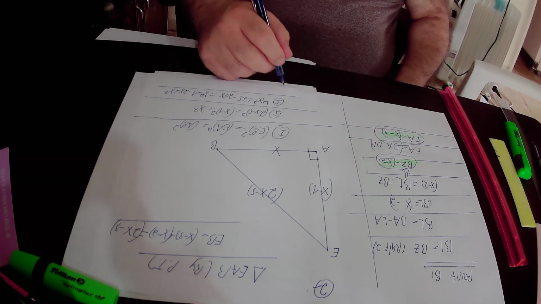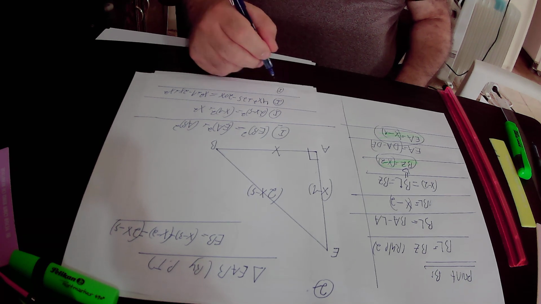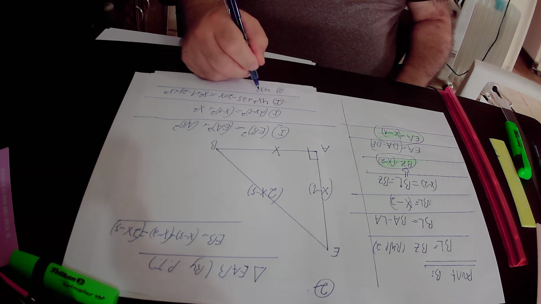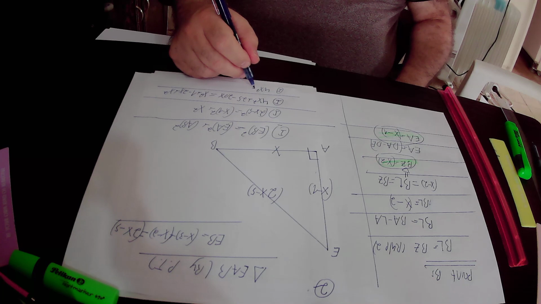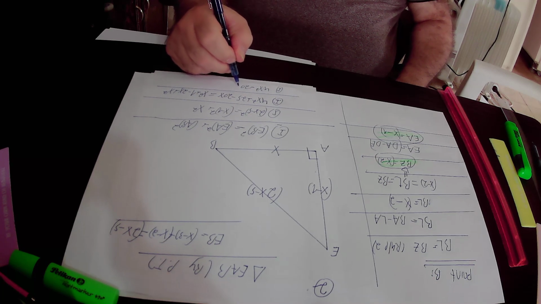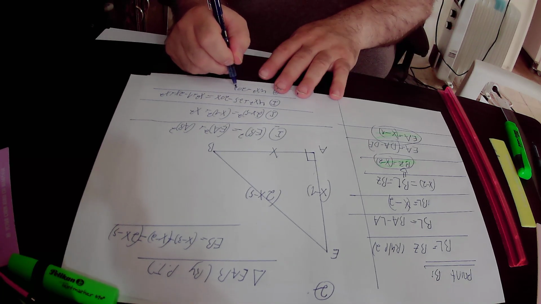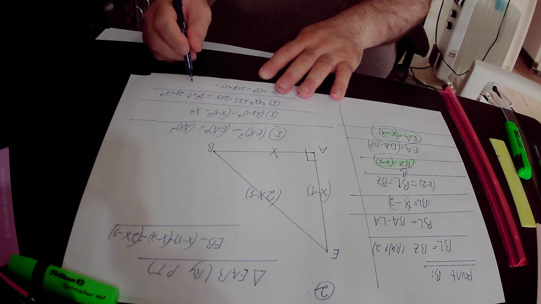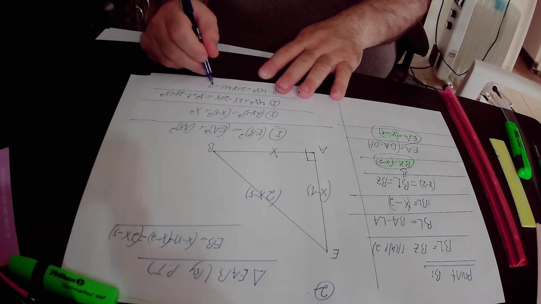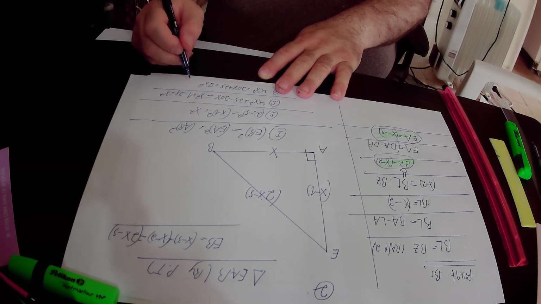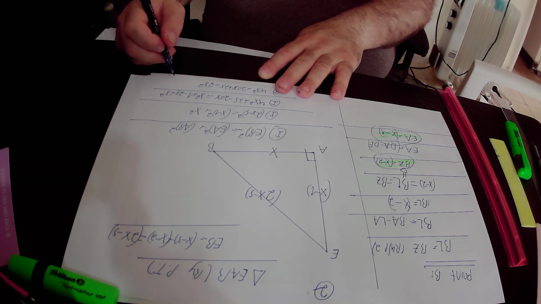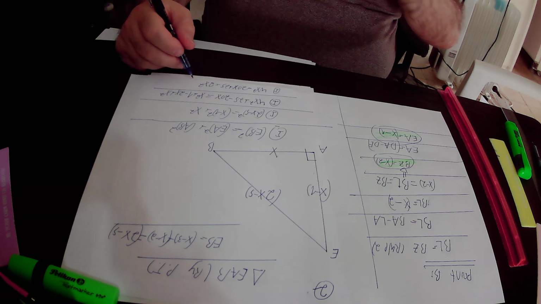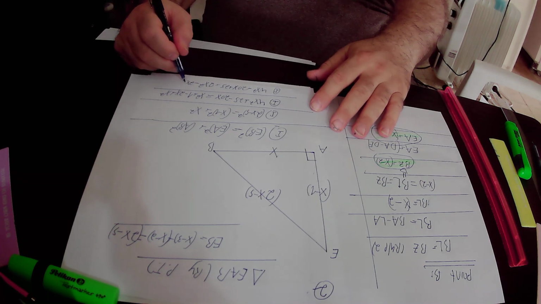So here 4x squared minus 20x plus 25 equals, here x squared plus x squared is 2x squared, minus 2x plus 1.